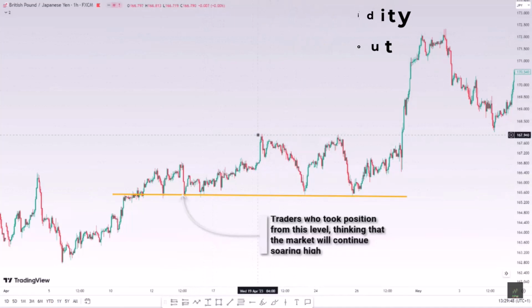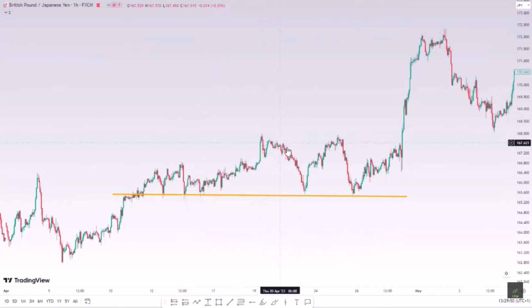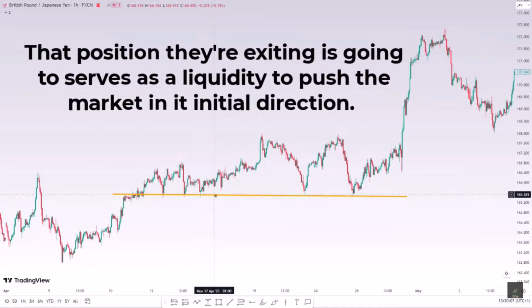What happens? The market takes a U-turn and gravitates back towards their positions, thereby creating more anxiety in a lot of traders. Hence, they are going to what? Exit their positions.